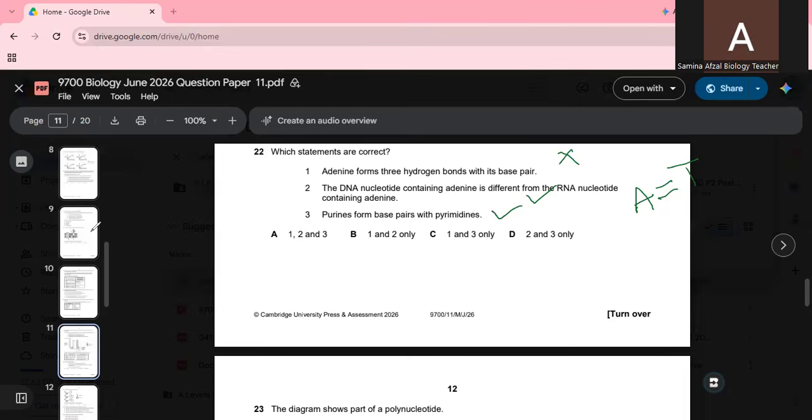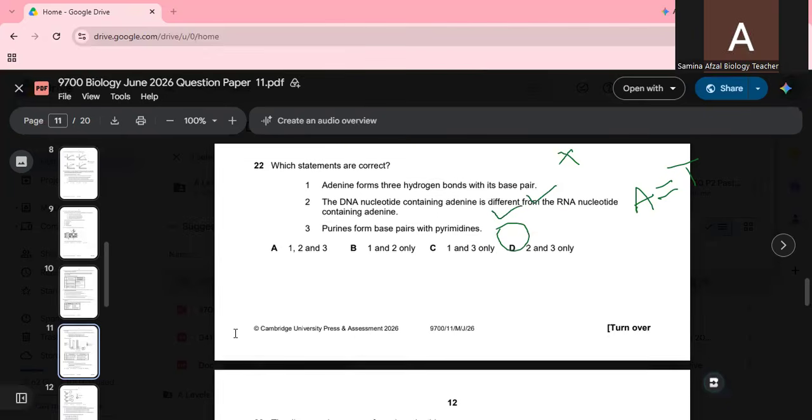Adenine and guanine are purines, and pyrimidines are thymine and cytosine, so purines always pair with pyrimidines. So statements 2 and 3 are correct, and D is the correct option for question 22.